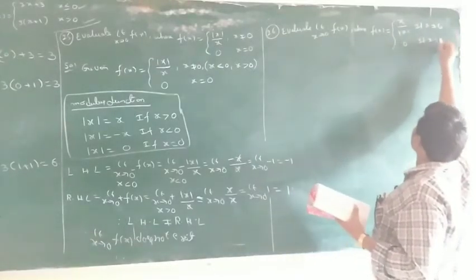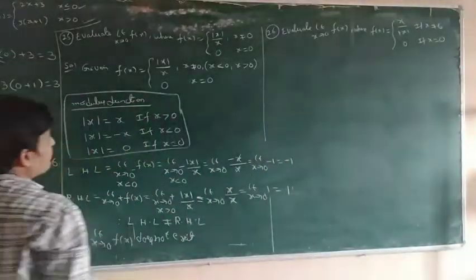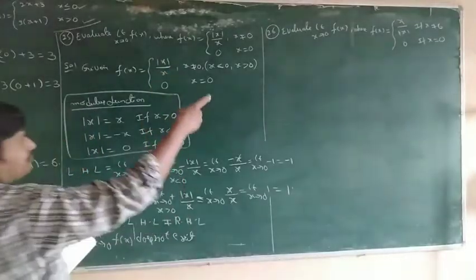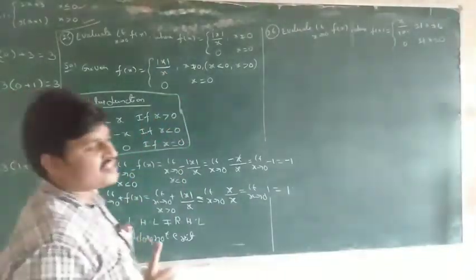This is the same problem. What is the difference between the 25th problem and the 26th problem? Whether mod x is the numerator or mod x is the denominator. The limit does not exist in both cases.